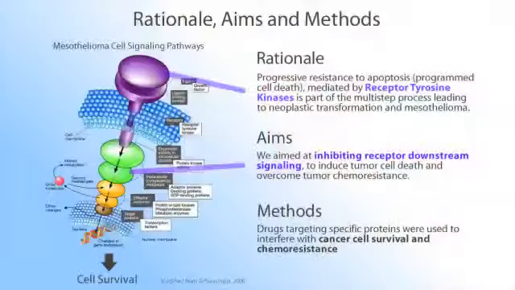So the rationale of our work was that the receptor tyrosine kinases, which is the button, the big button that you see on top of the envelope cell membrane, can be a good target, and by inhibiting receptor downstream signaling, so the series of biochemical reactions I mentioned before, we could get rid of a tumor chemoresistance.